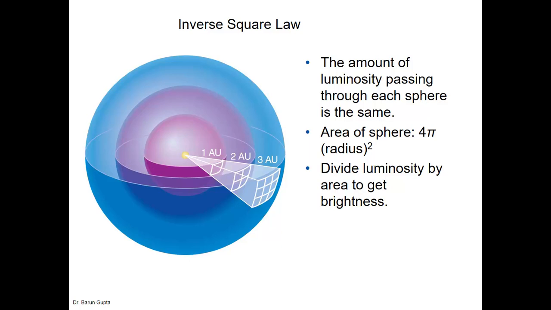That means if you double the radius, the brightness goes down by 4 times. If you triple the radius, the brightness goes down by 9 times. If the radius increases by 5 times, the brightness goes down by 25 times. Okay, just keep this in mind.